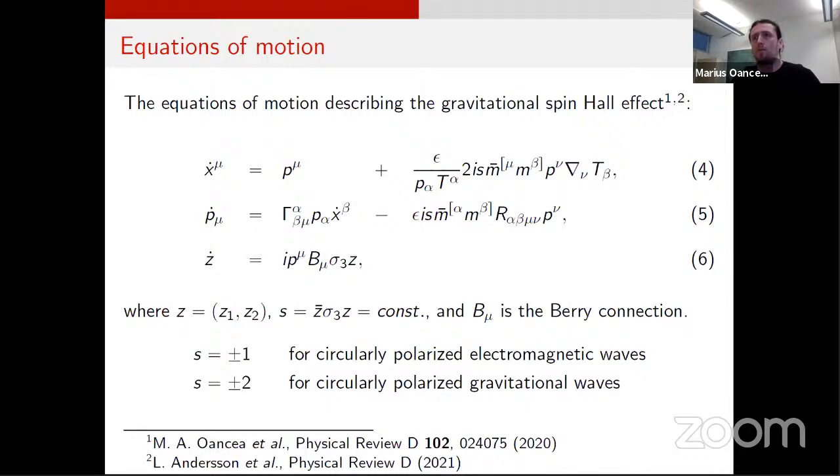There could be an observer which describes the same motion, and it would see it slightly differently.